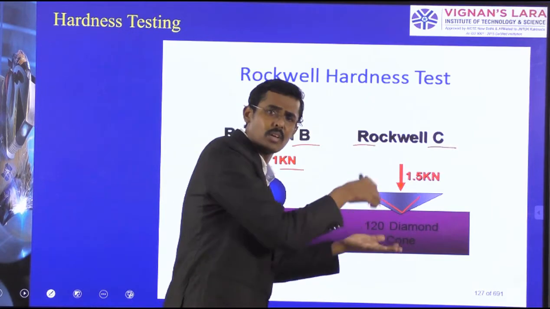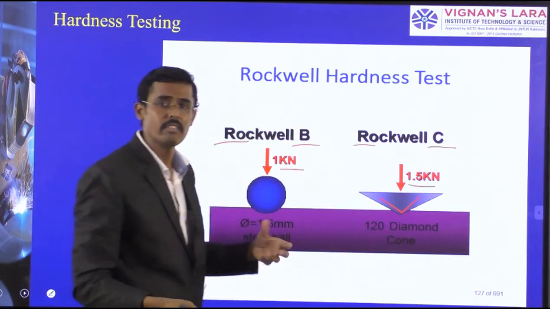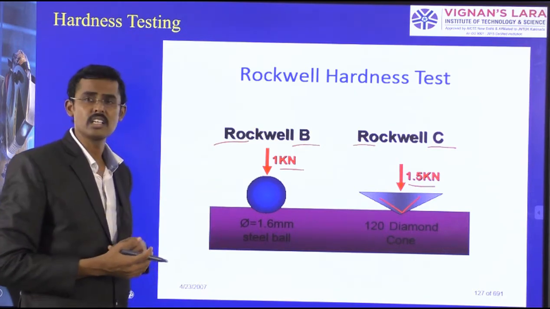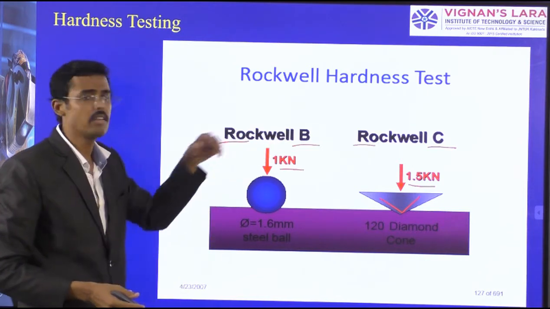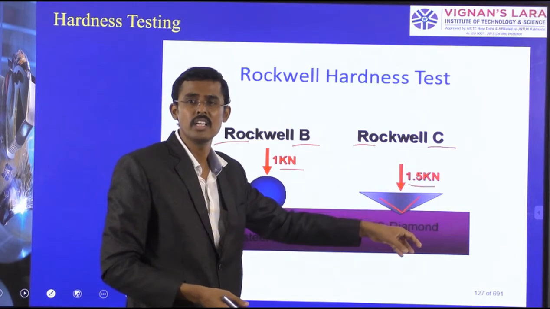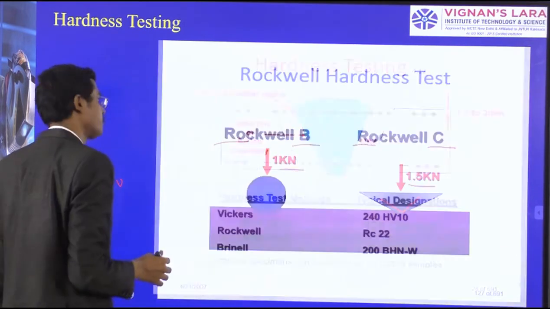Cone is nothing but a diamond cone applied there with some load. So depending on the indentation, the scale we are using varies. When we are using the ball indentation, we refer to the B scale. When we are using the cone indenter or diamond indentation, we are using the C scale.